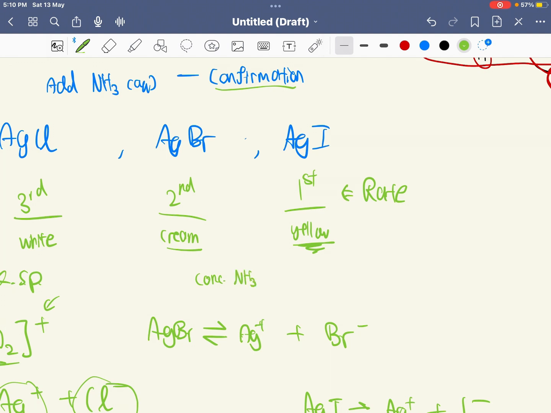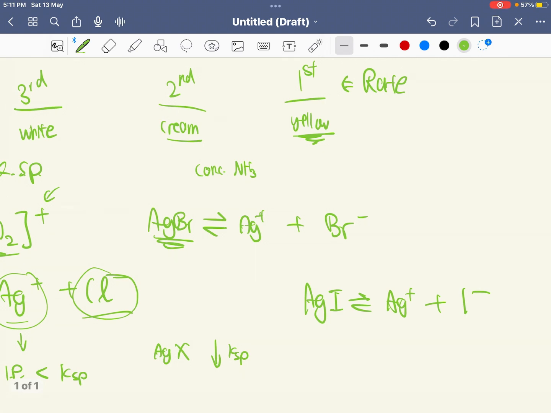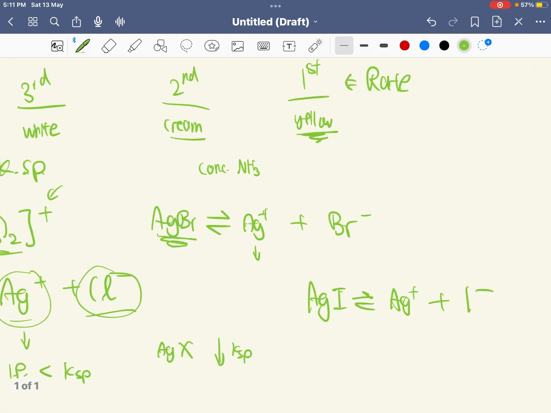Only in concentrated ammonia will our AgBr dissolve, because if we just use aqueous ammonia, Ag+ will drop to form our silver diammine complex, but not to a point whereby my ionic product is less than Ksp. Our ionic product is in fact still greater than Ksp, so therefore it doesn't dissolve.